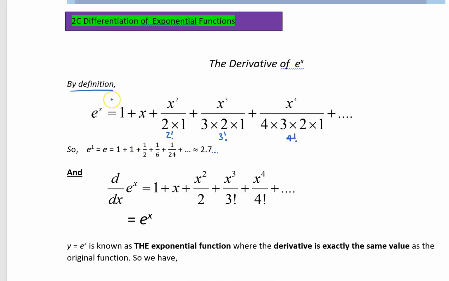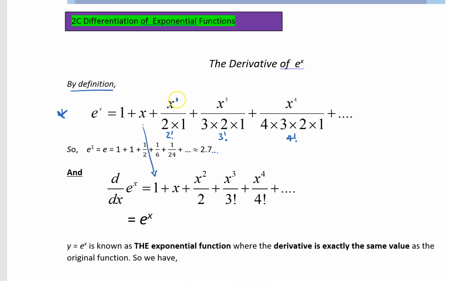So we're going to go back to here and we're going to differentiate this expression with respect to x. So taking the derivative of e to the x is like taking the derivative of this side as well. So 1 would go to nothing. The derivative of x goes to 1.